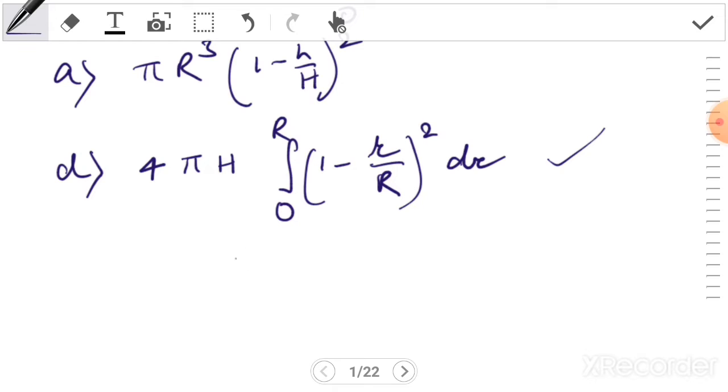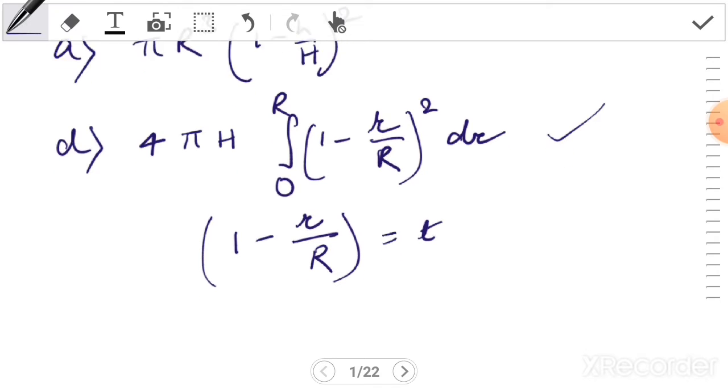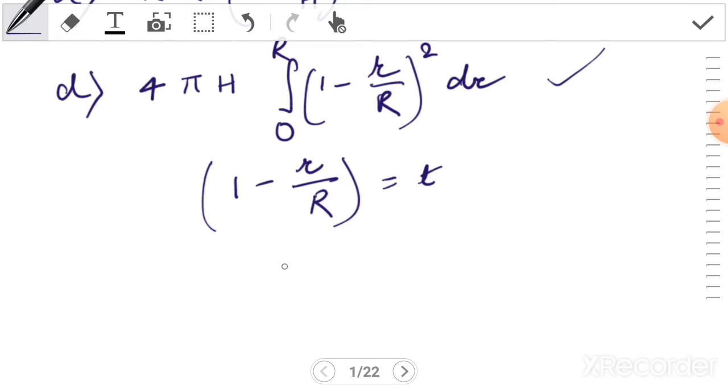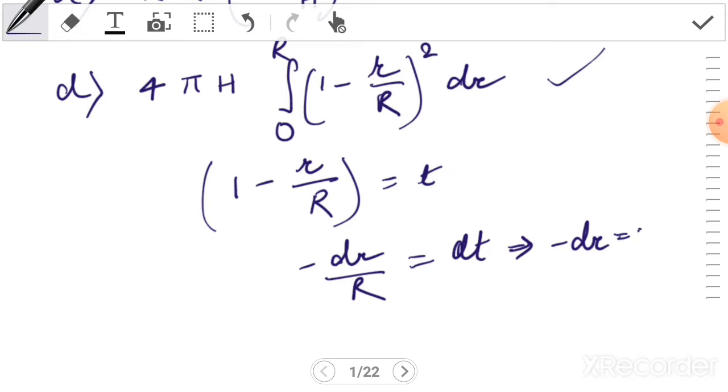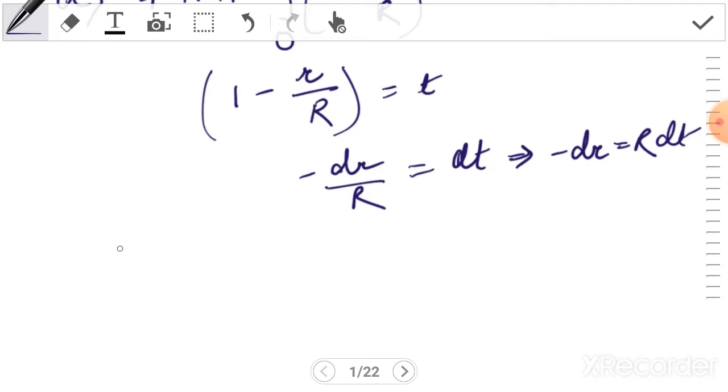Now let us put 1 minus small r by capital R as t. So you will get minus dr by capital R as dt, which gives minus dr is equal to capital R times dt. Now let us integrate 4 pi h.